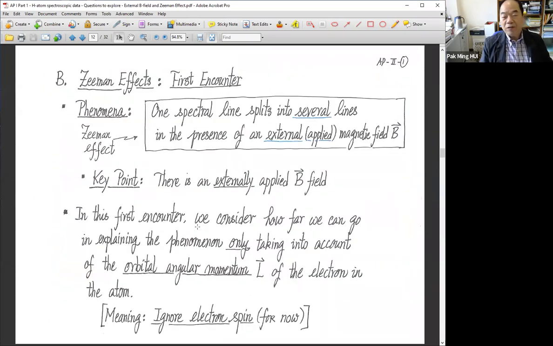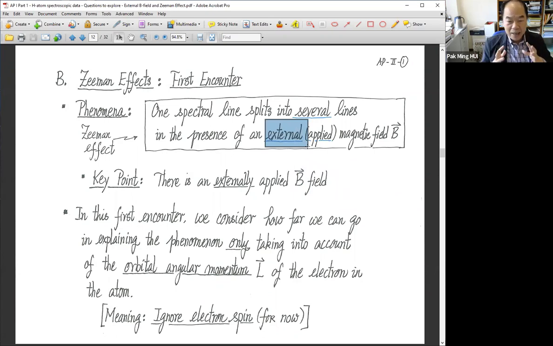So the first thing I would like to do today is the simplest effect. We have a hydrogen atom, ignore spin for the moment, and we apply a magnetic field to it. By that we mean this applied field is external.